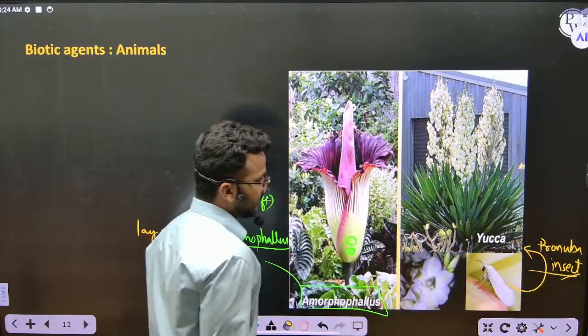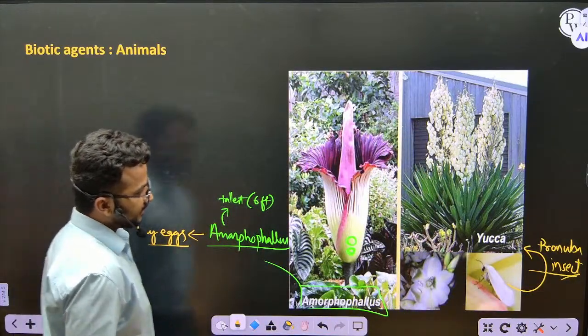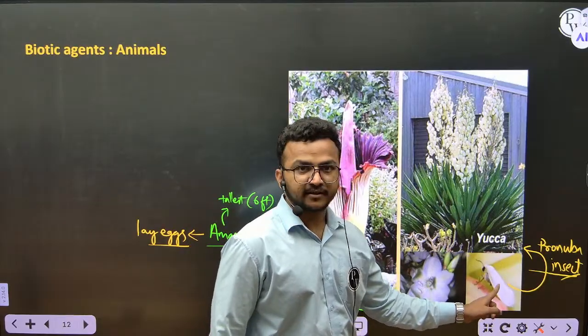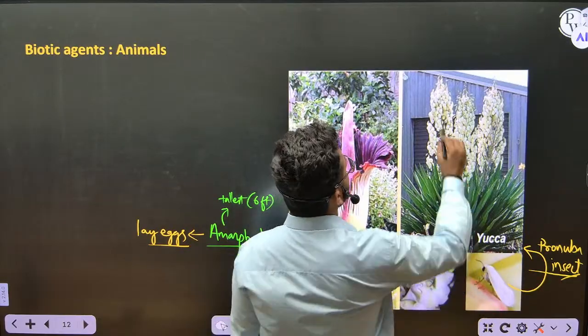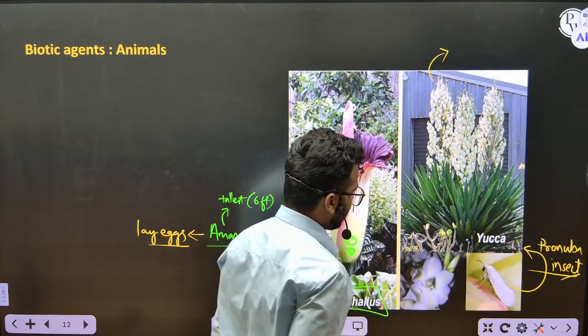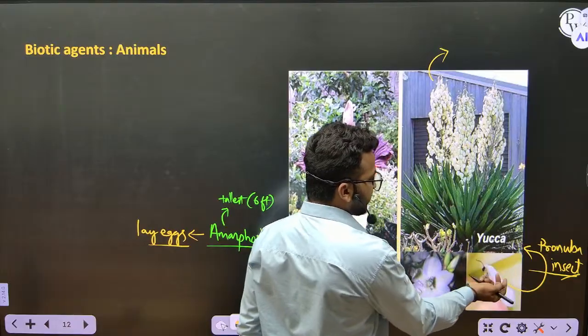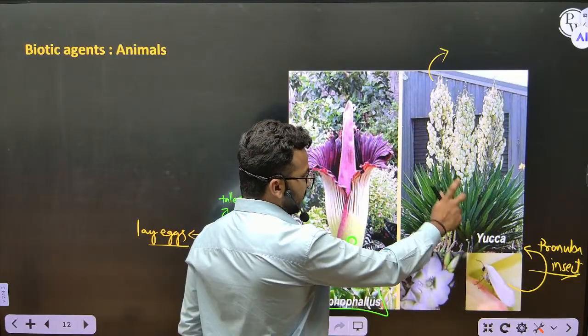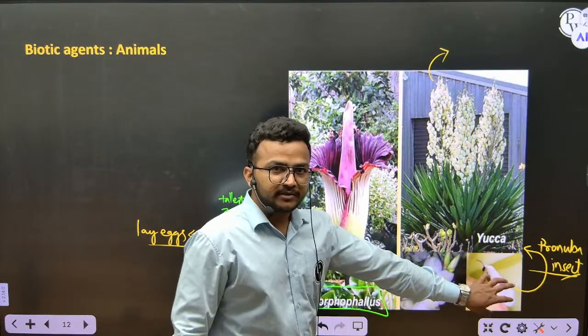There is a relationship between the yucca plant and the Pronoba insect. This relationship is mandatory to complete the life cycle. The Pronoba insect will be laying eggs there, and the yucca plant will get pollinated only by this insect.